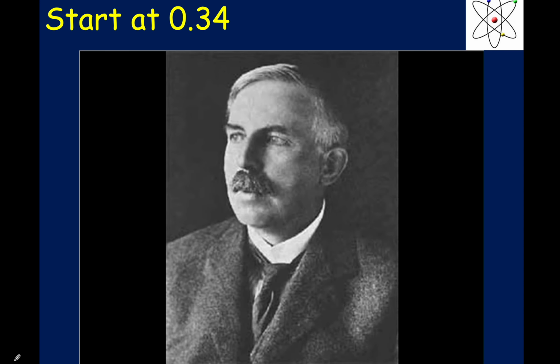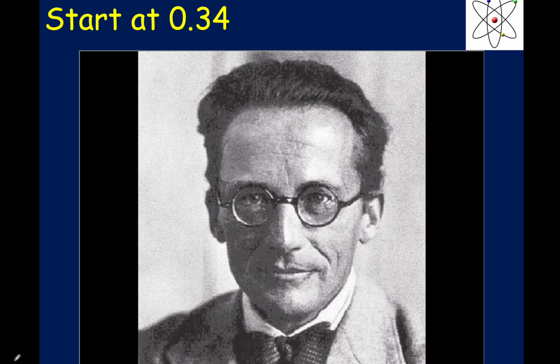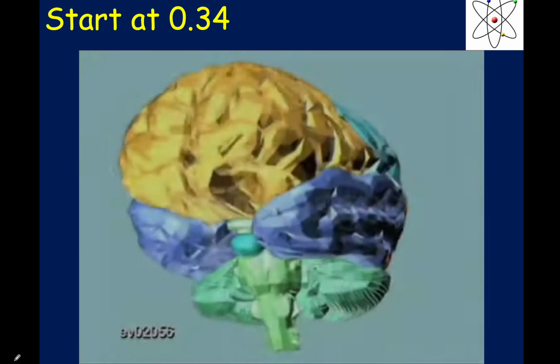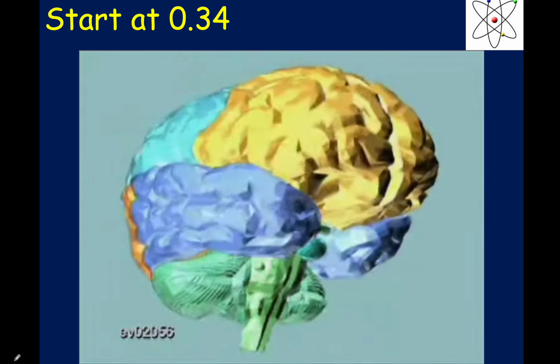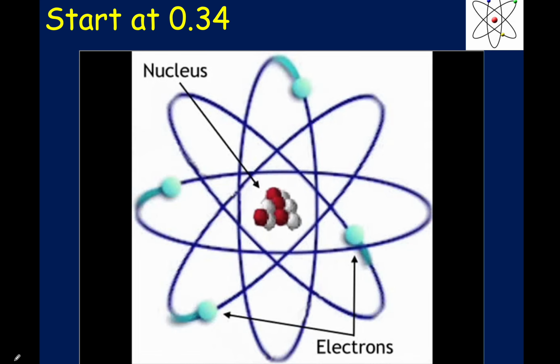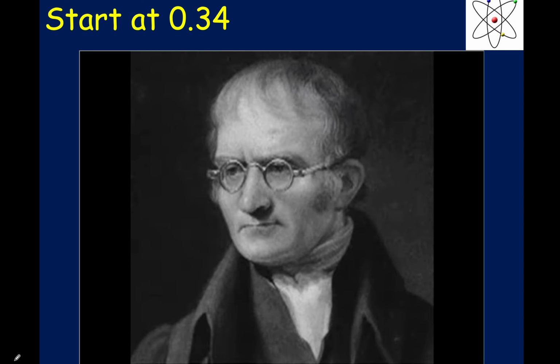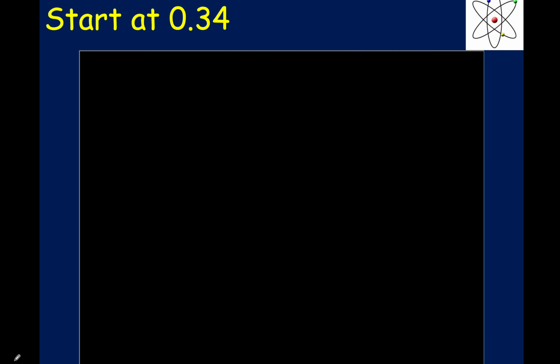Dalton, Thompson, Rutherford, and Bohr, Schrodinger and Heisenberg, and many, many more used their brains to venture in the realm of inner space and found the world of the atom was a weird and wondrous place. Dalton did experiments and said, I think it's clear atoms are tiny indestructible spheres.